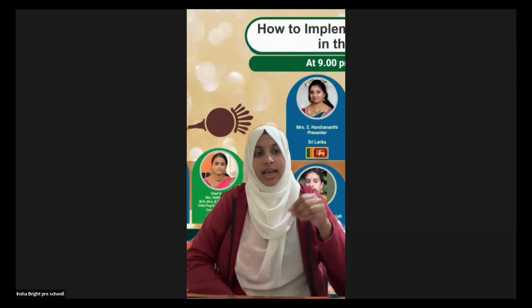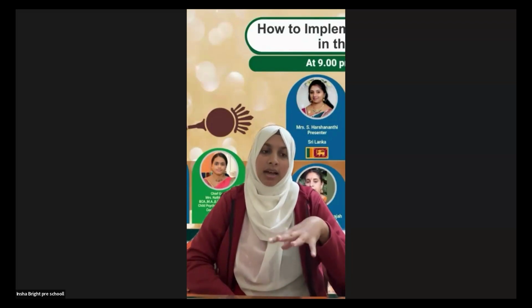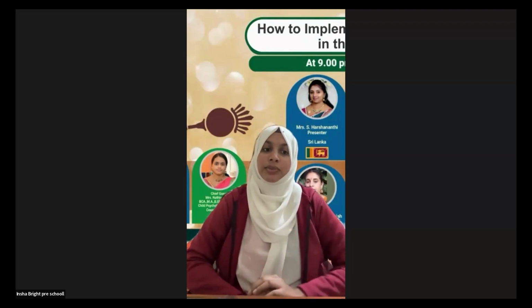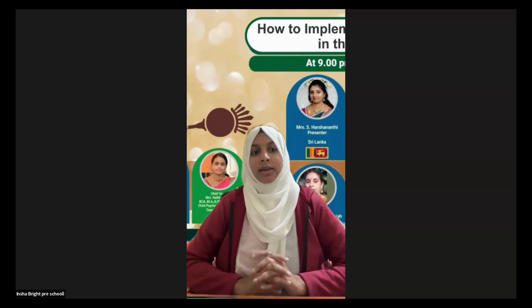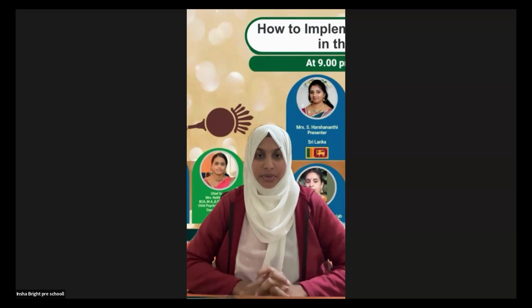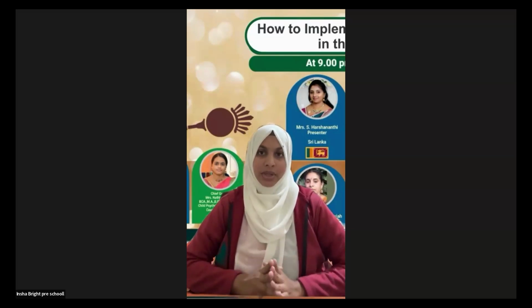Our children have all 8 intelligences, and they come into school wanting to develop in all of these ways. So our children are able to develop all multiple intelligences through this lesson plan.